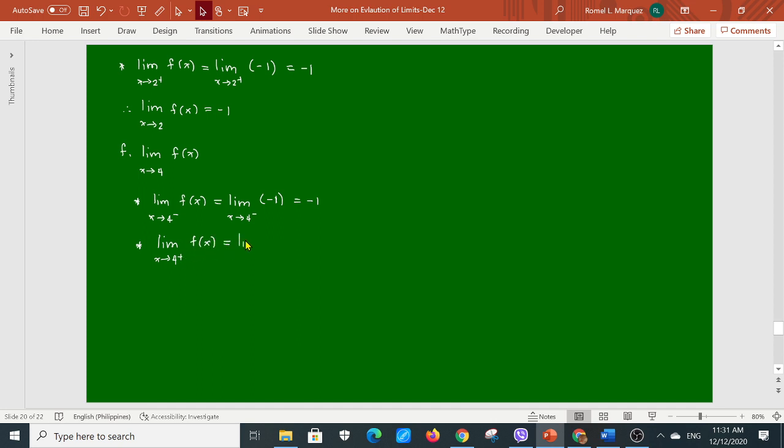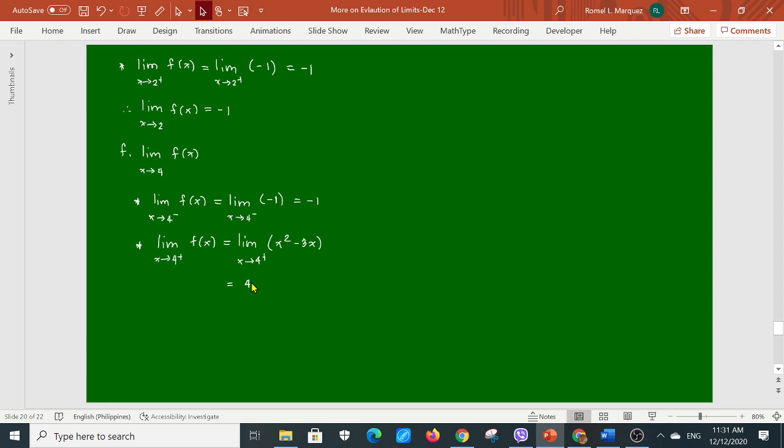By the way, as long as you are not yet evaluating the limit, do not remove the word limit, because that is the signal that you are performing something. If you remove the operation, you can't perform anything anymore. Okay? So this is a polynomial function, a quadratic function.